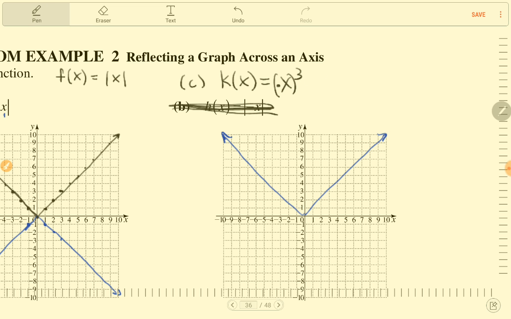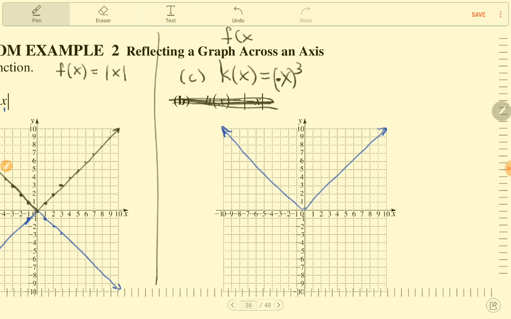How about that? Where the negative is on the inside. Then the original parent function would have been, so to kind of split it up from this, the original parent function would have just been plain positive X cubed. Alright, so that would have original points.